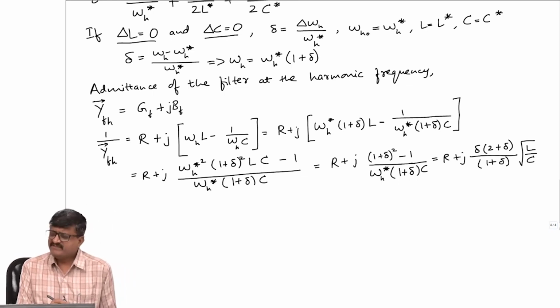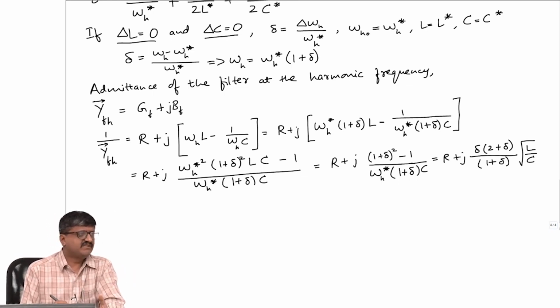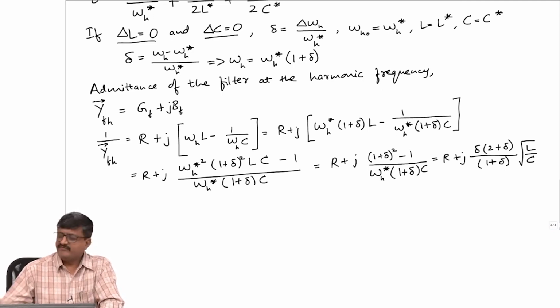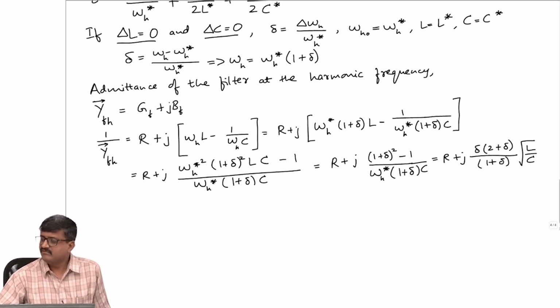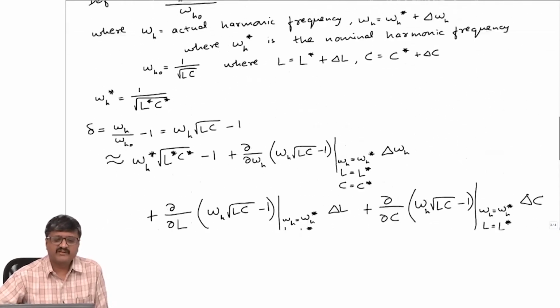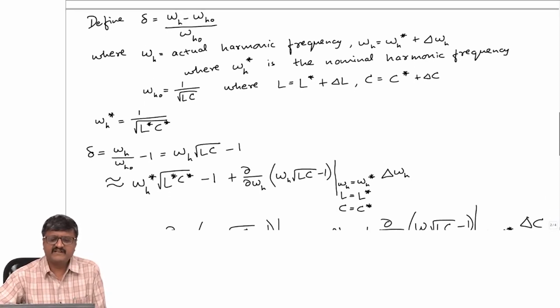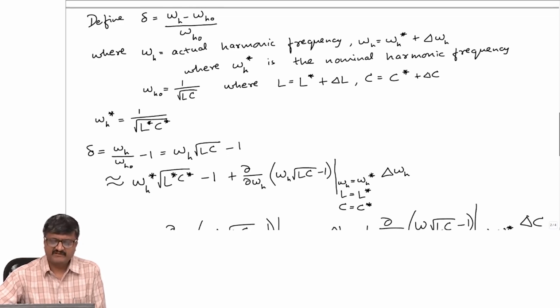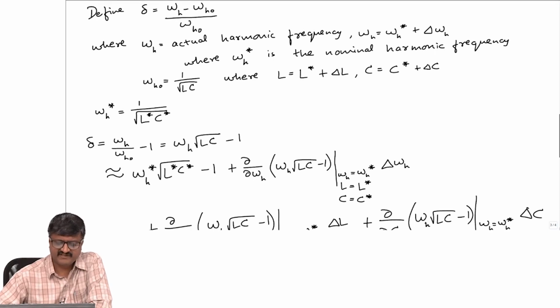Now, what is this delta? Delta is some deviation from ideal condition. So, if you look at the definition of delta, delta is actually close to what value? Okay, let us look at the definition of this. Original definition of delta is omega H minus omega HO by omega HO. Then we got many other simplifications.